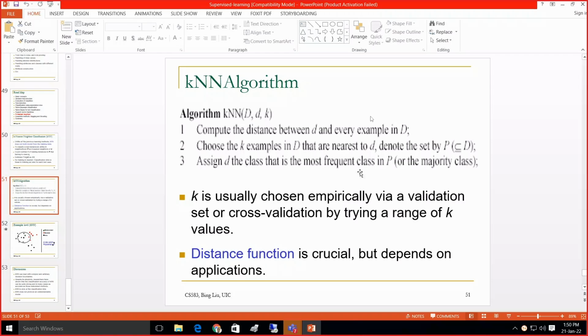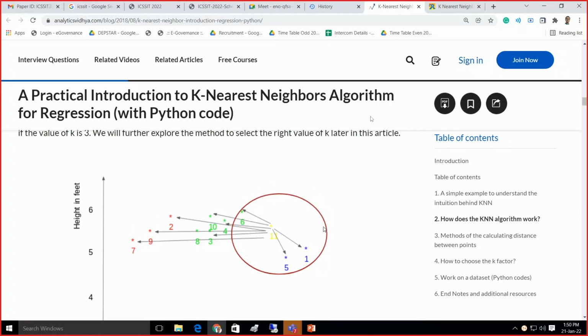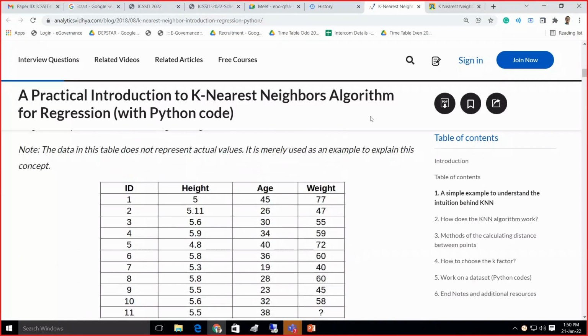Instead of the most frequent class, we pick the rows that fall under the nearest ones, that is 1, 5 and 6. Let me mark them here.